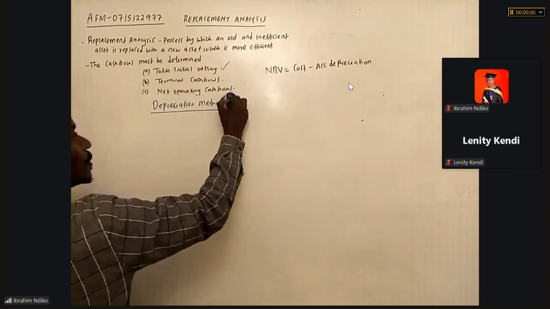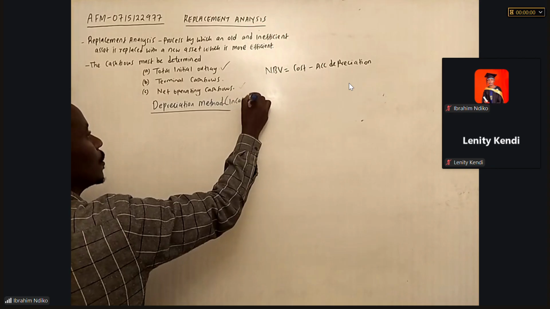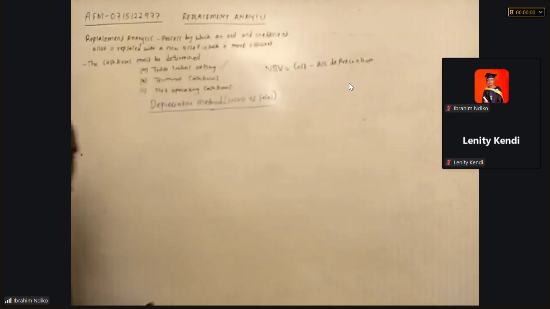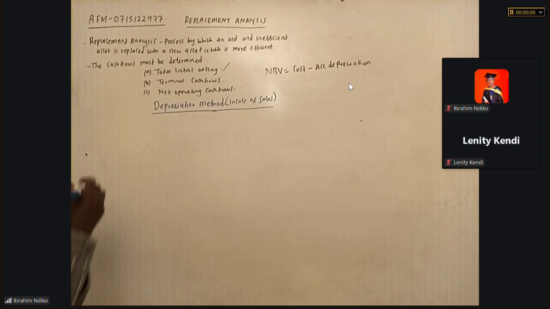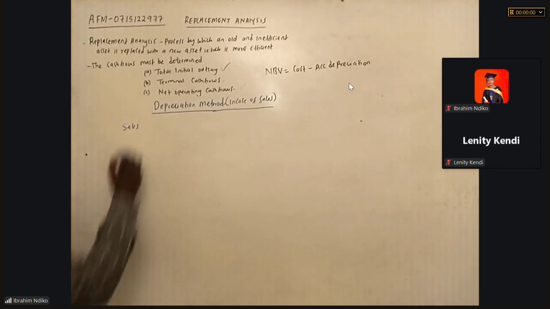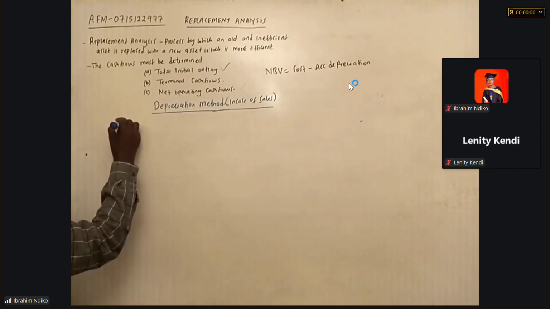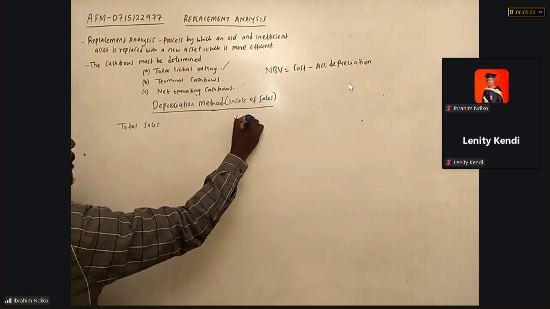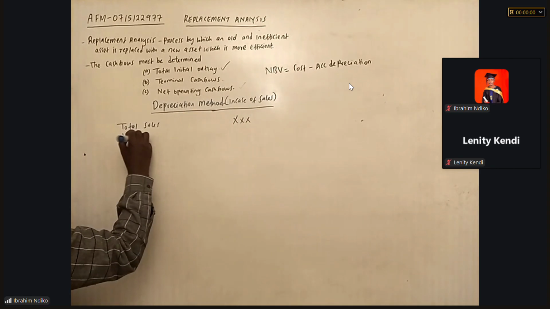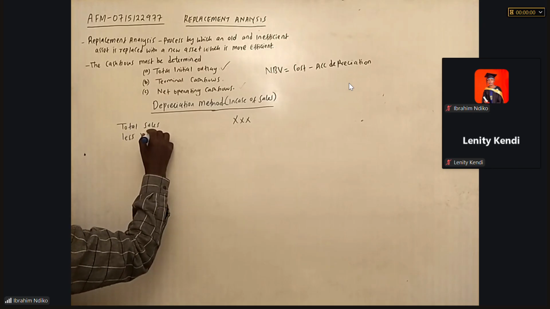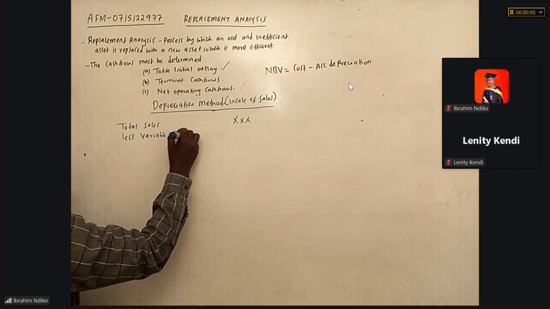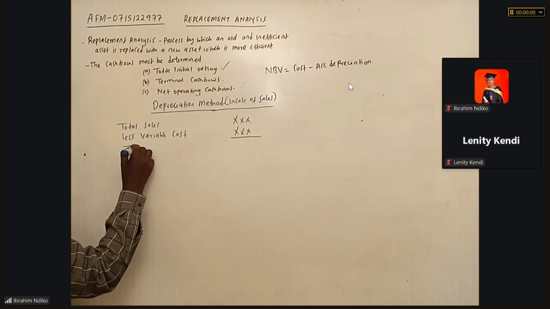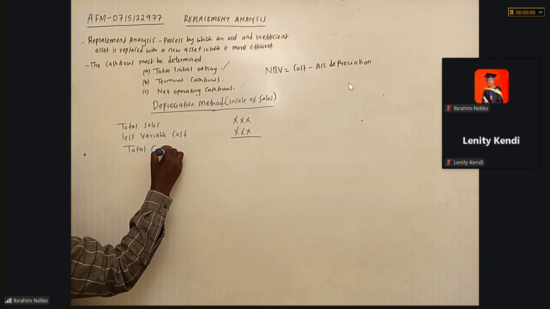This method is applicable when we have sales. So we start with the total sales. Then we less variable cost, and we get total contribution.